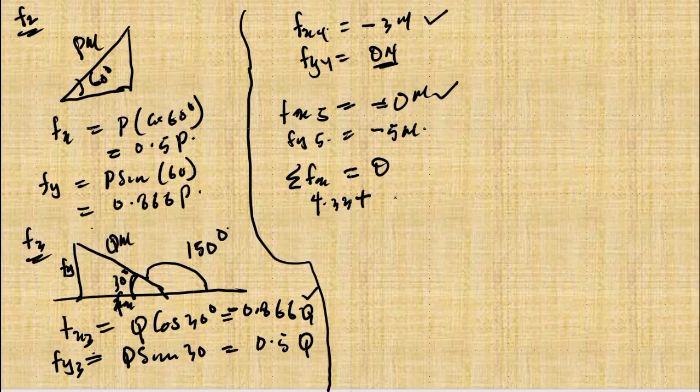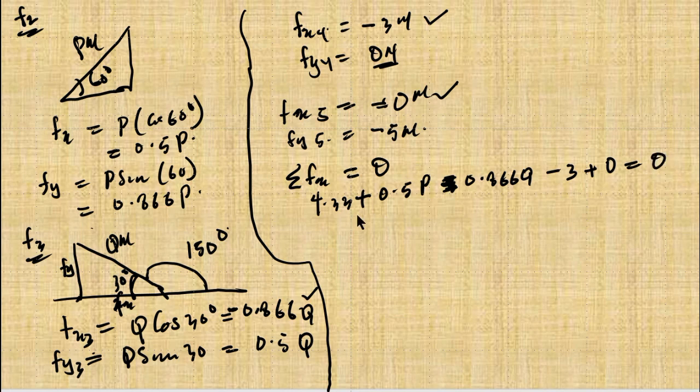Fx of F2 is 0.5P, and then Fx of F3 is minus 0.866Q, it's negative here, that's minus. And Fx of F4 is minus 3, plus Fx of F5, that's 0, equals 0.